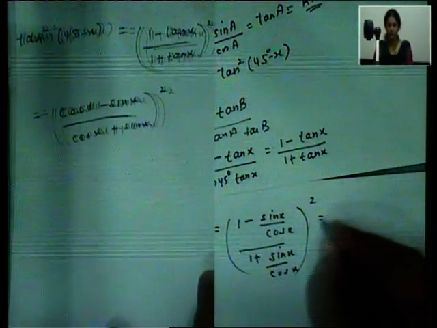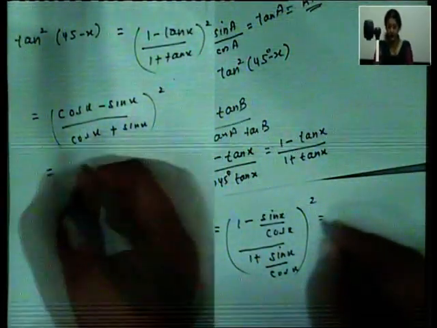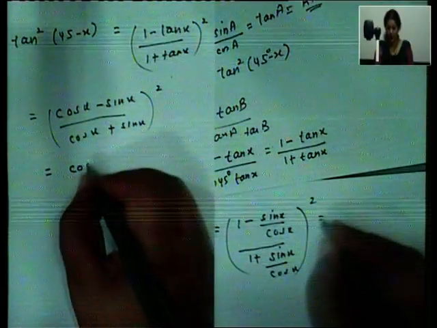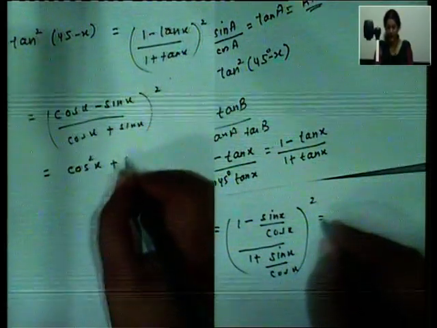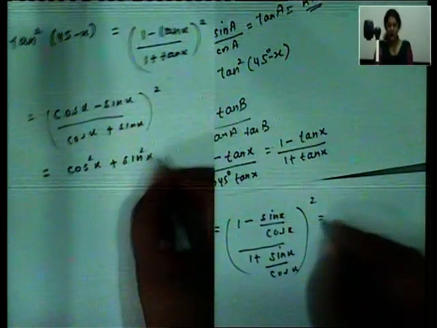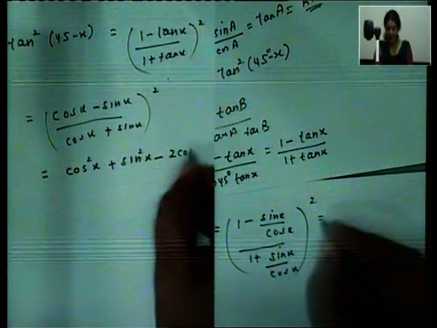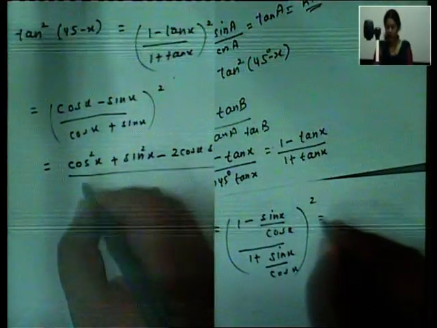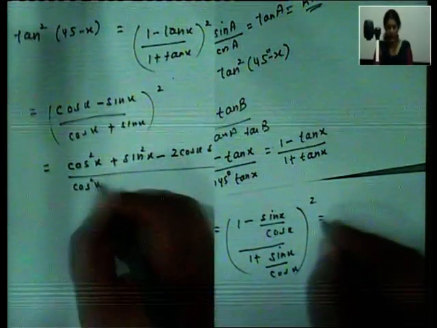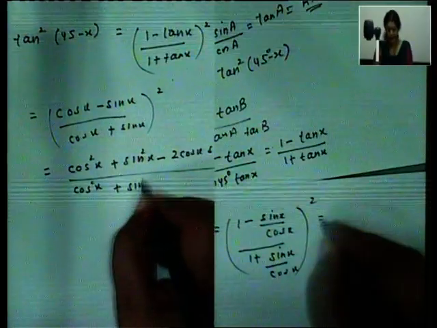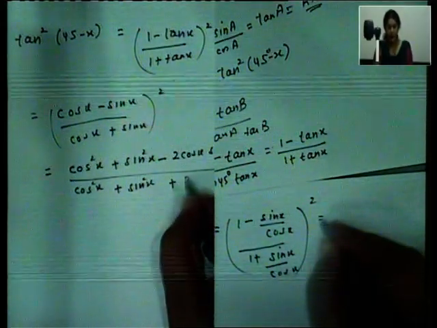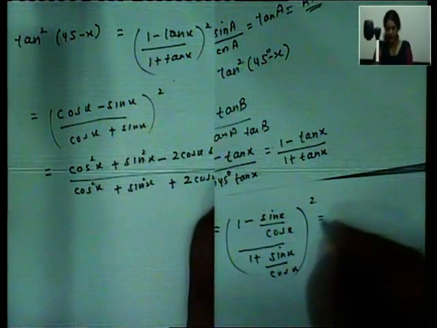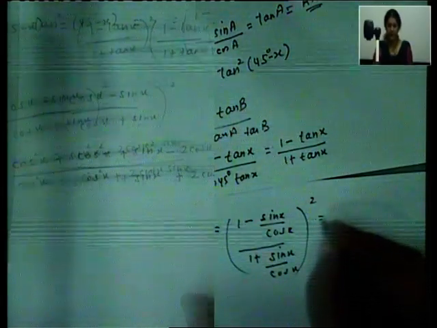So this is equal to (cos square x plus sin square x minus 2 cos x sin x) upon (cos square x plus sin square x plus 2 cos x sin x).